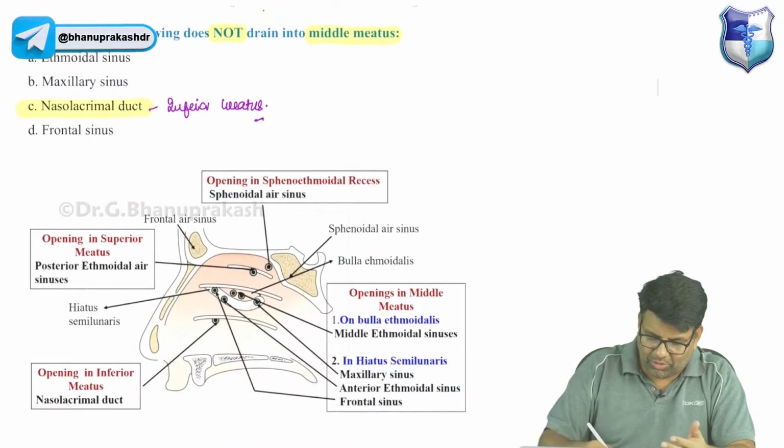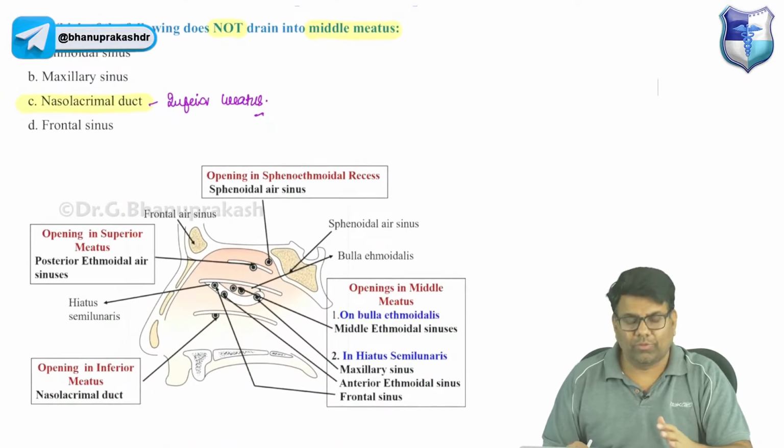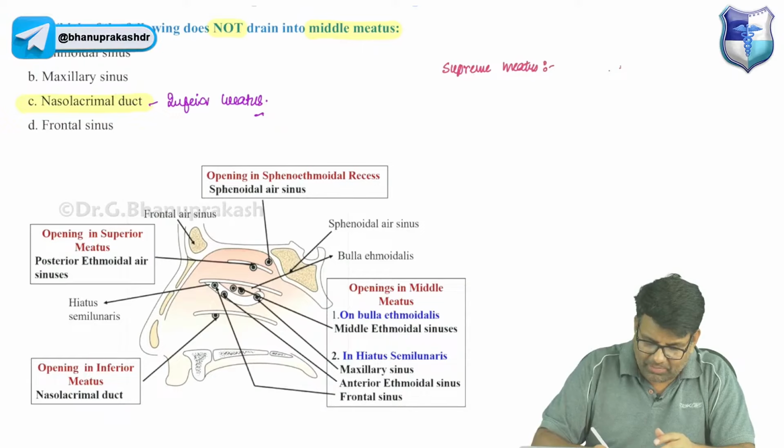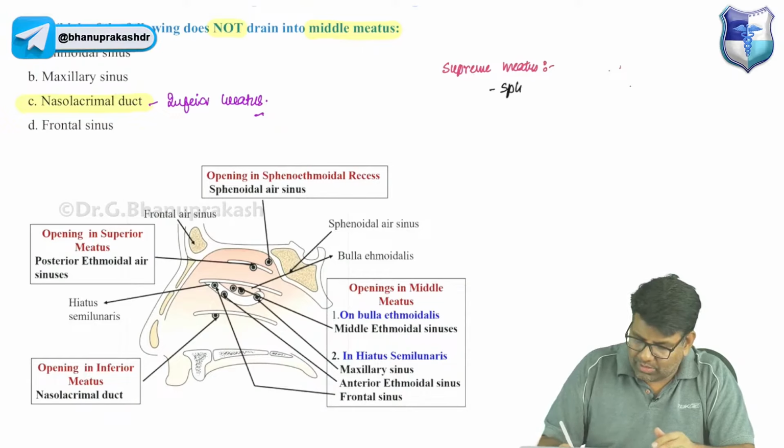Now here you need to remember three things. First, number one is the supreme meatus. What opens in the supreme meatus? The sphenoid sinus.